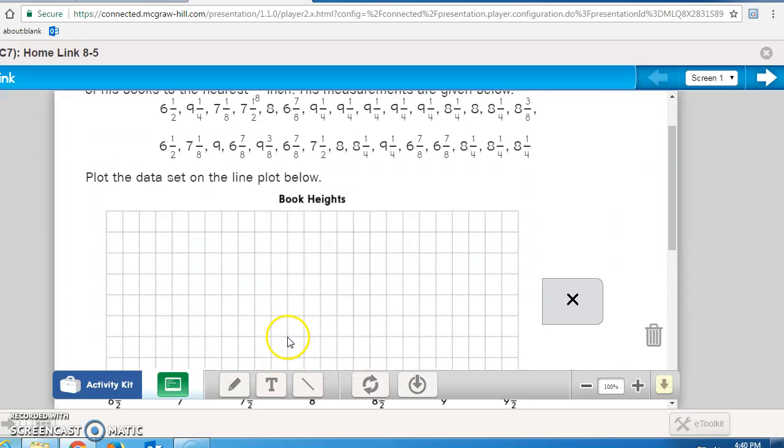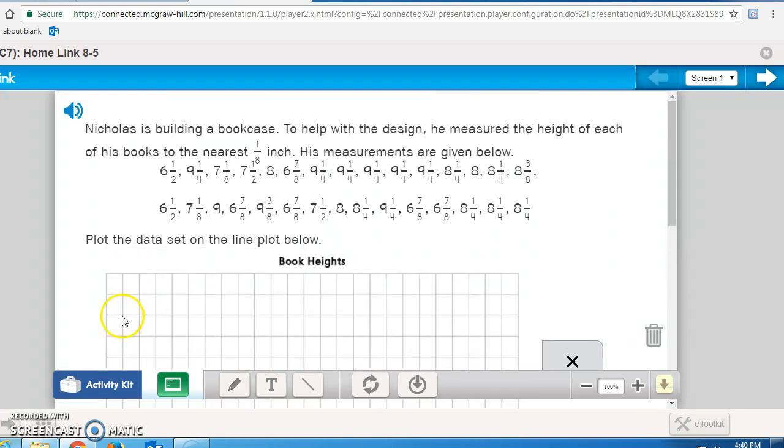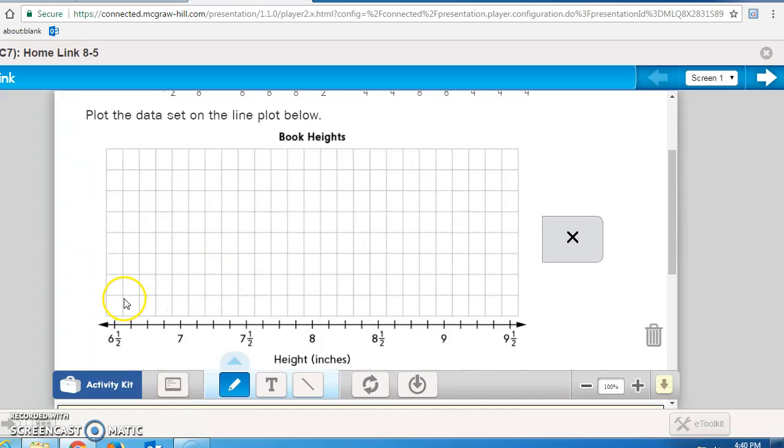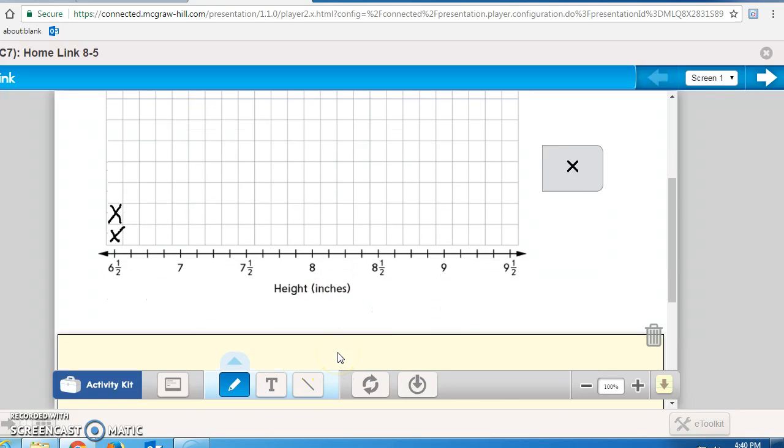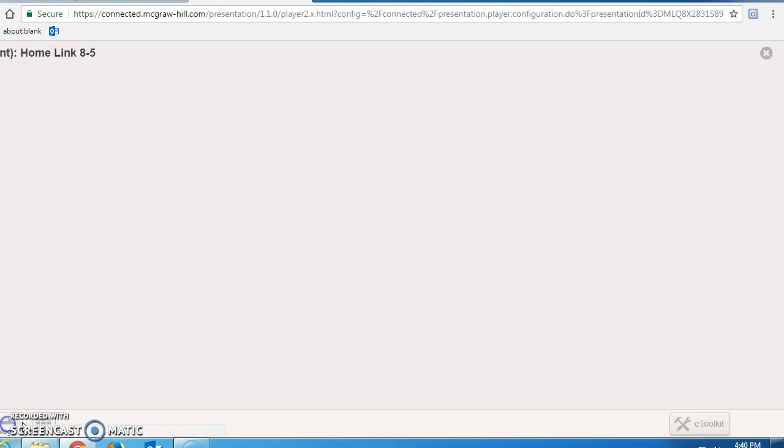So you're going to need to go up, and the first number is 6.5. So you have to go up and go, well, I have 1, 2. Well, I only have 2. So down below, I'm going to mark 1, 2. So please plot the data on this and then finish the questions that go along with it.